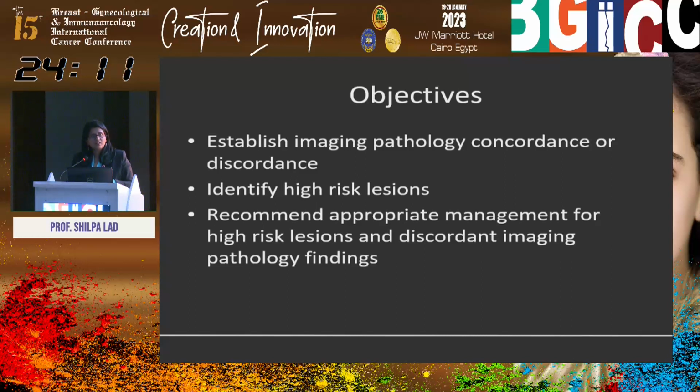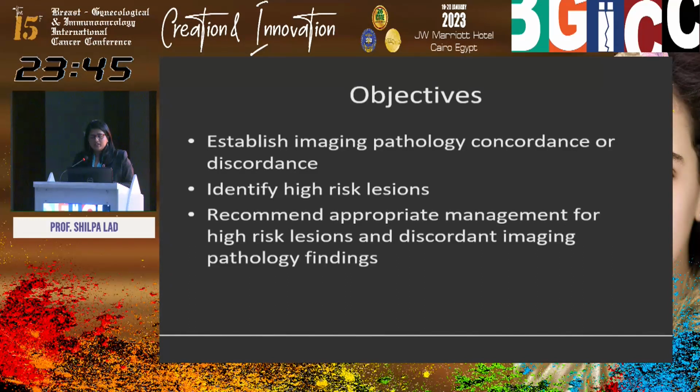Because our constant frustration is, what do I do with these pathology results? Why am I not getting a definitive answer from pathology? So to understand their perspective, so that we can give appropriate recommendations, we thought this would be the best way to make this understanding for us.